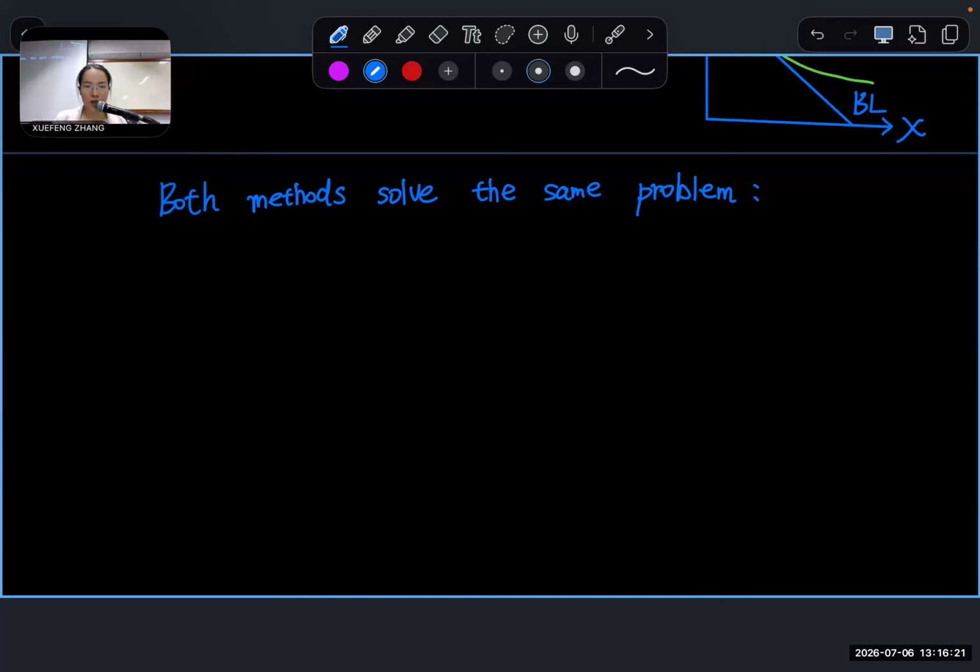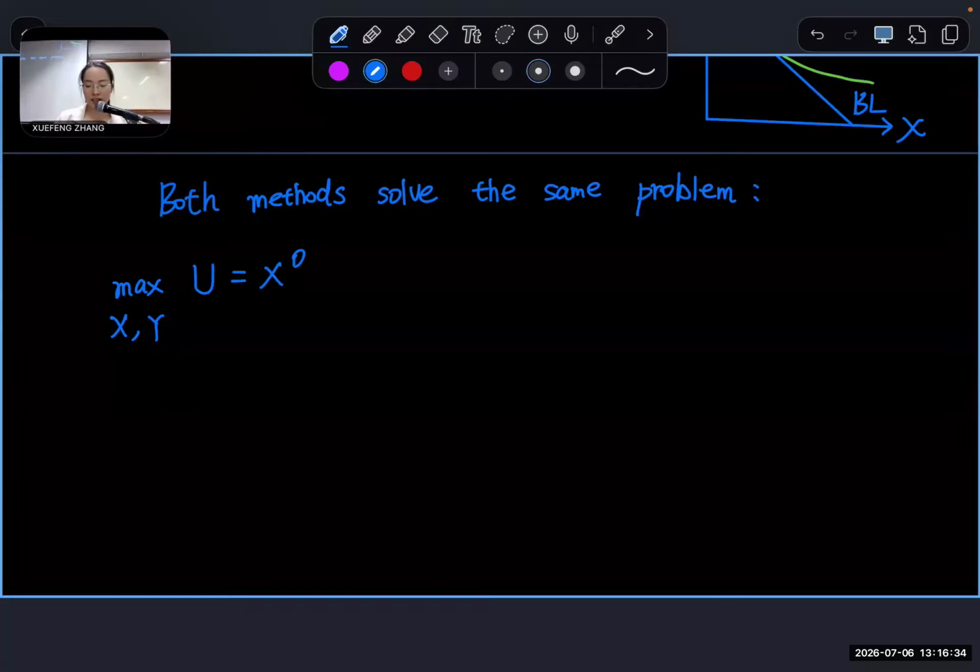What is the problem here? We want to find x and y in order to maximize our utility. The utility function is x to the power half, y to the power half.